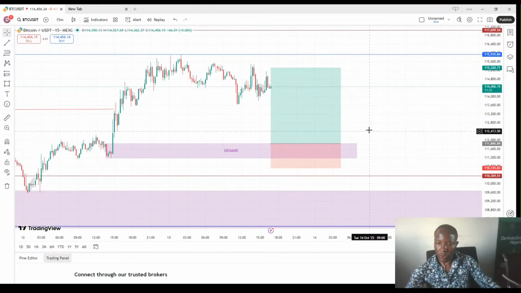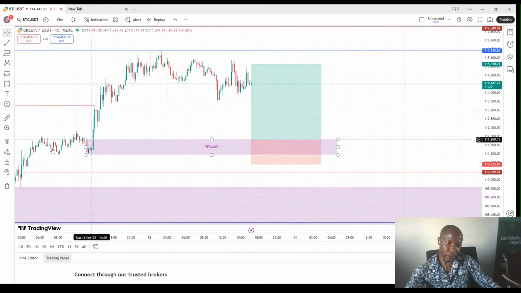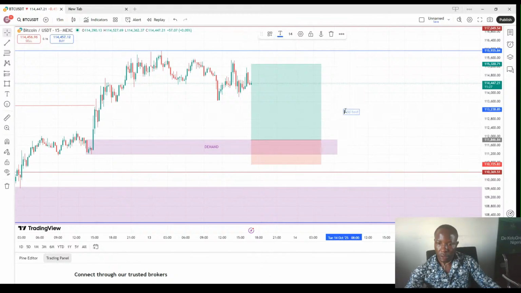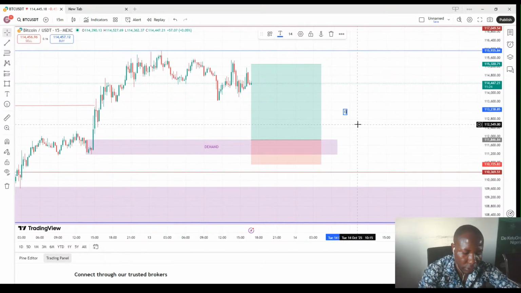So we can actually write out the coordinates, our entries and everything. Entry buy setup.